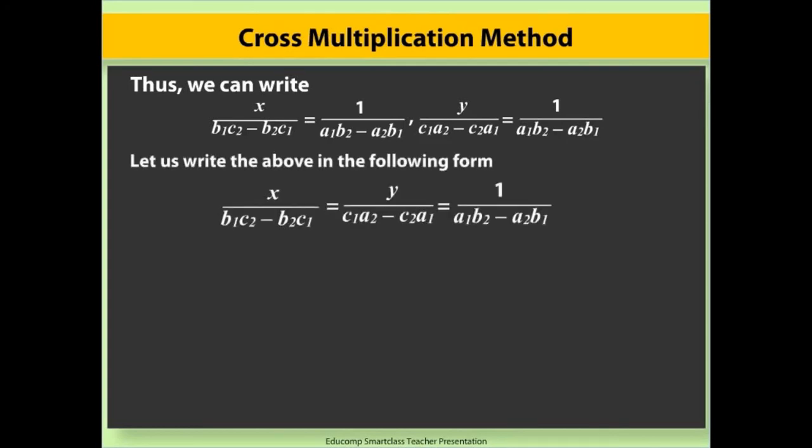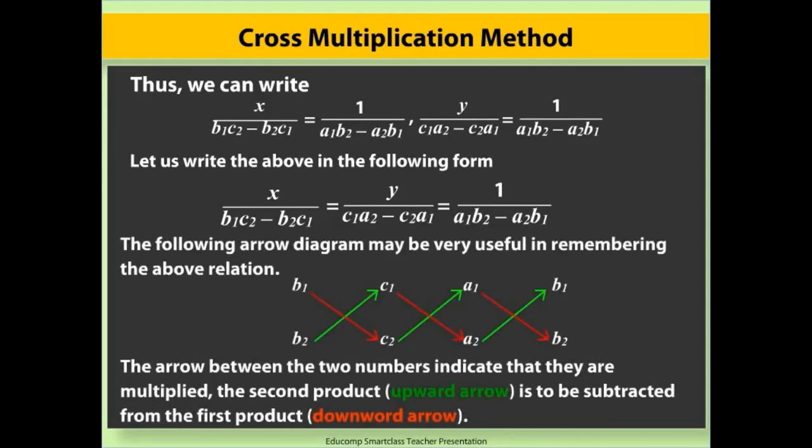Let us write the above in the following form: x upon (b1c2 - b2c1) = y upon (c1a2 - c2a1) = 1 upon (a1b2 - a2b1). The following arrow diagram may be very useful in remembering the above relation.